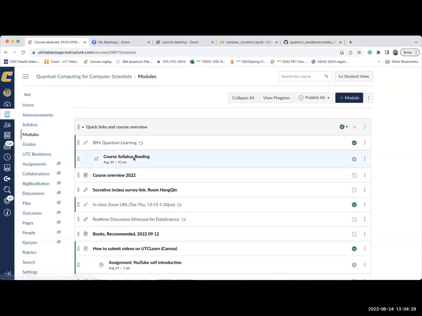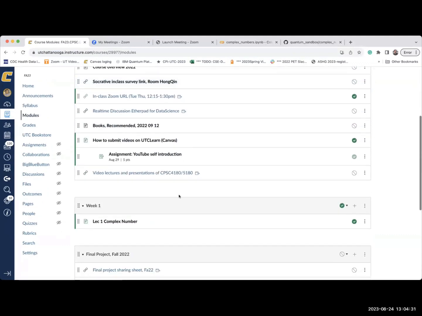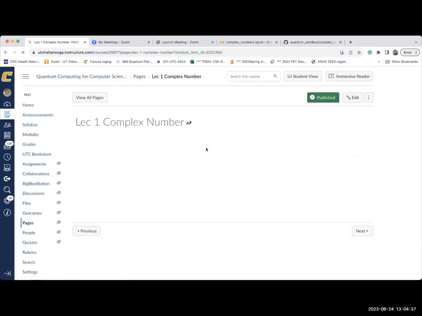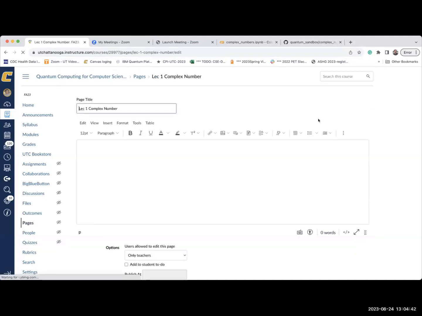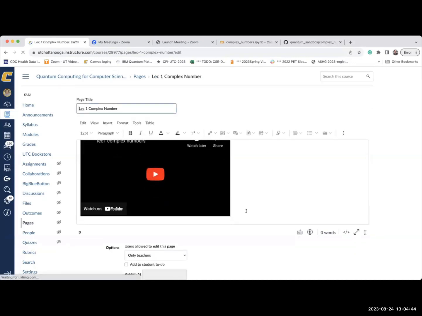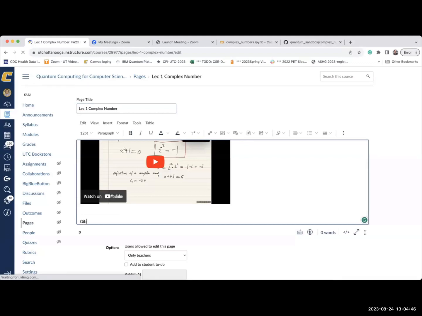So complex number, I can add the, yeah, that's the first lecture. GitHub Colab exercise.